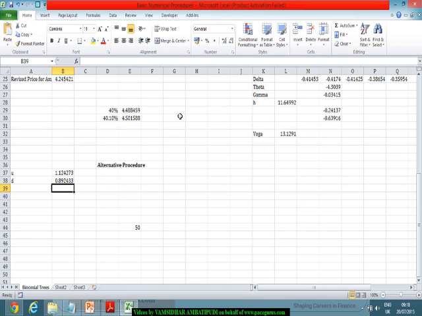Now using these two, I can build the up and down. So this number times the up movement. I am getting some small change, but of course that results again in a change in the probabilities. I can look at the down movement.